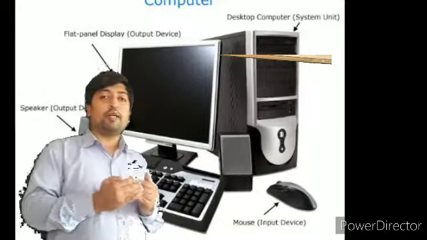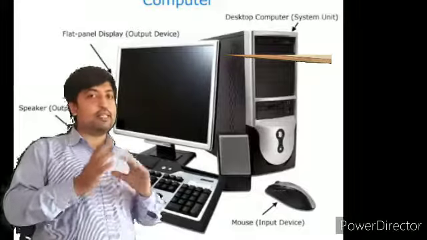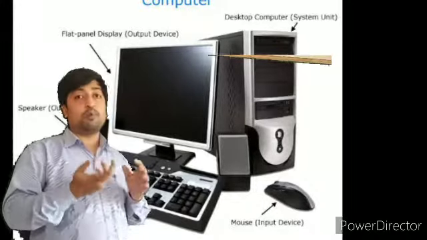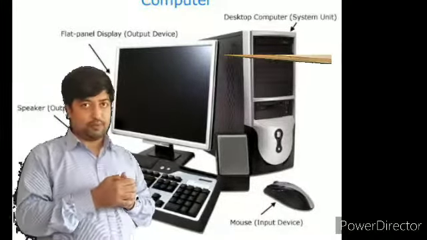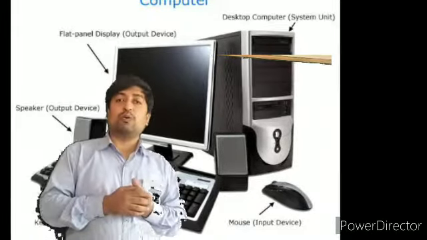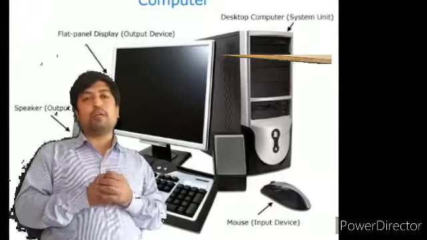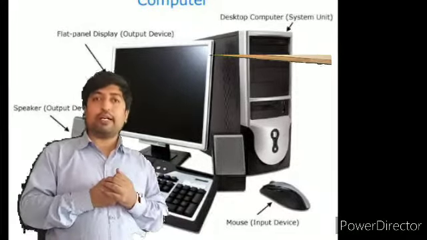Then the start button will show the list of the software available inside the computer or the options you want to start. Okay. Then I am going to tell what the use of the area over the desktop is.